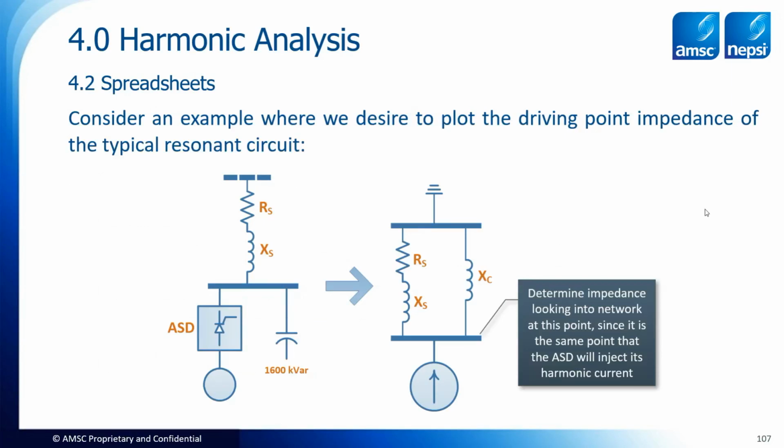This is like one of those scans that we've been looking at so far, and we want to say, at this point right here, at this bus, right where this ASD is connected, looking into the network, what does it look like? What does the network look like?